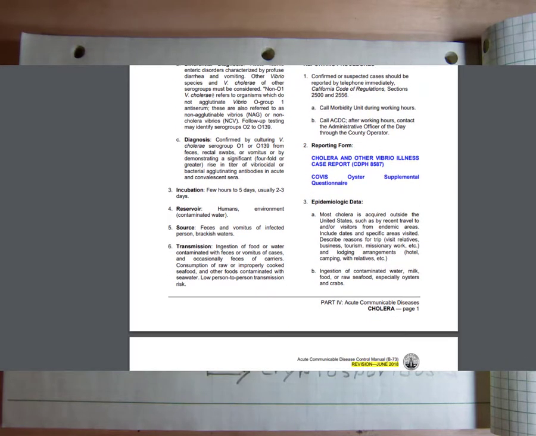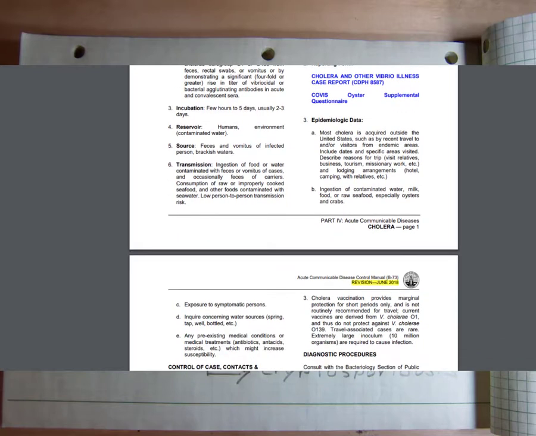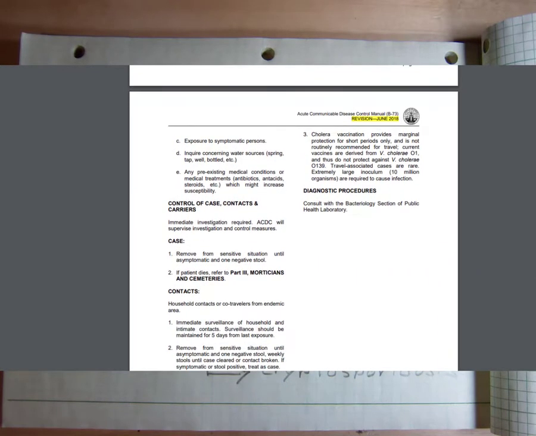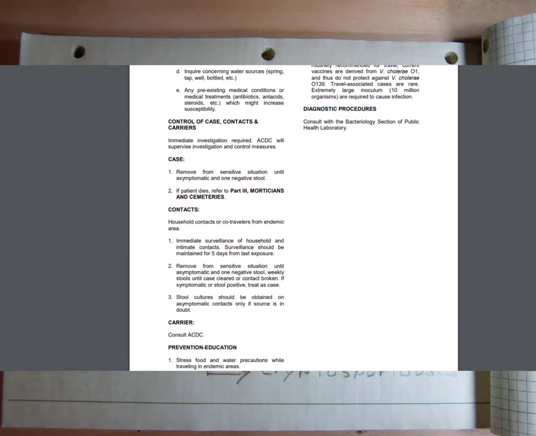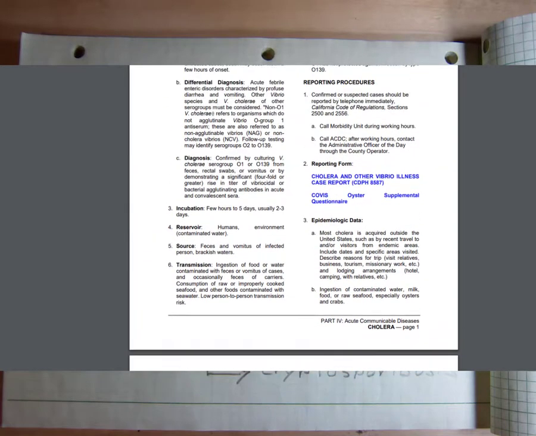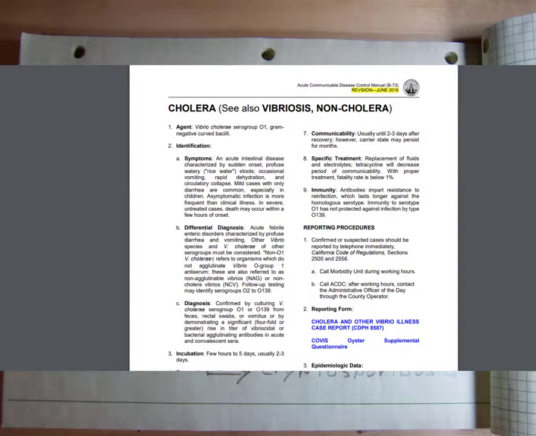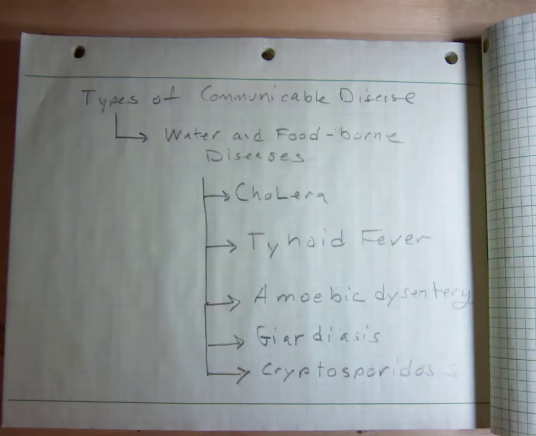These types of pathogens are excreted in the feces of infected people. These pathogens are inadvertently ingested by others in contaminated food or water.